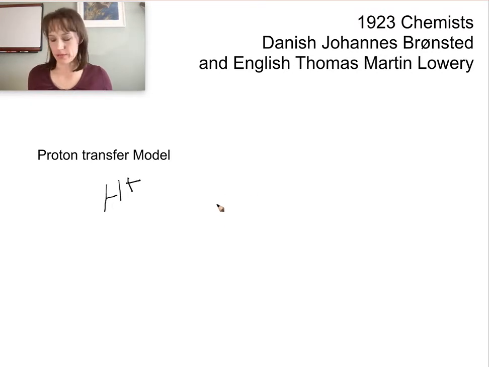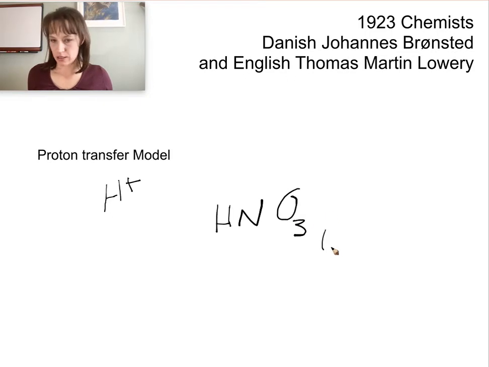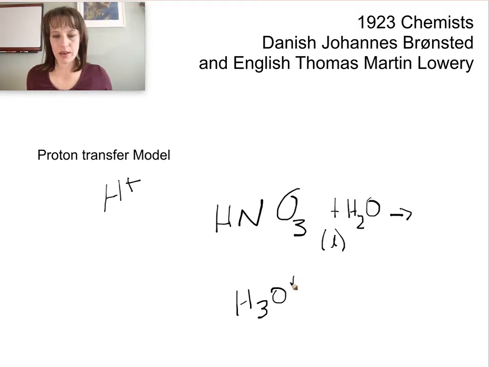We could have something like nitric acid as a liquid, and water in solution to give the hydronium ion concentration. Here the acid is the same whether we're talking about Arrhenius or Bronsted Lowery, because we're increasing the hydrogen ions in solution, and that is aqueous.